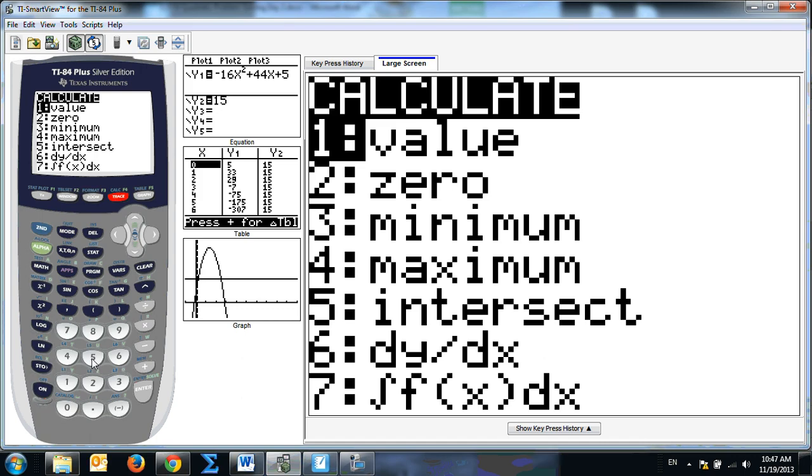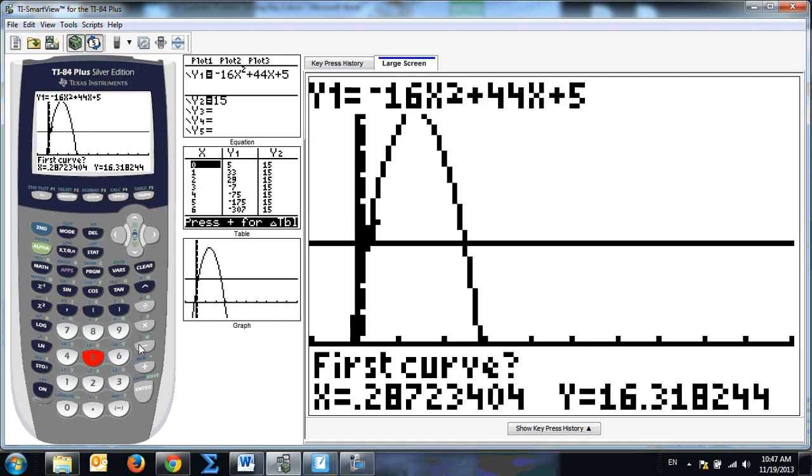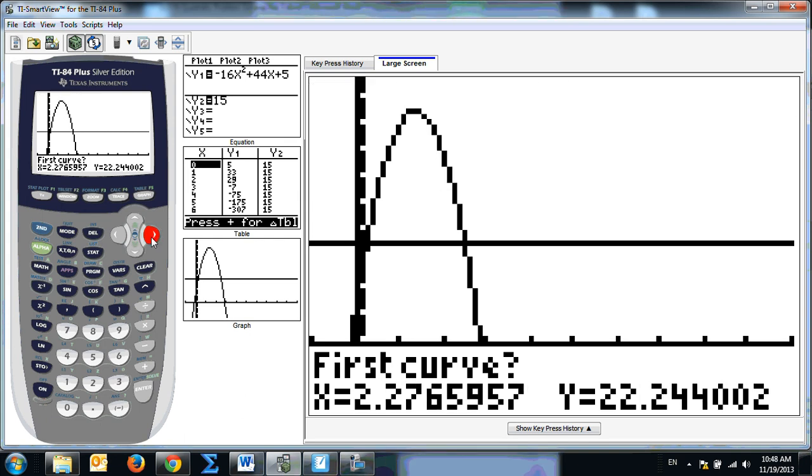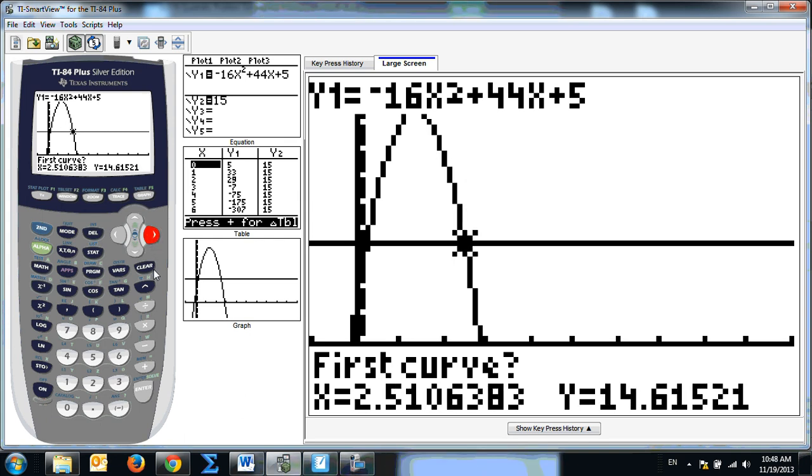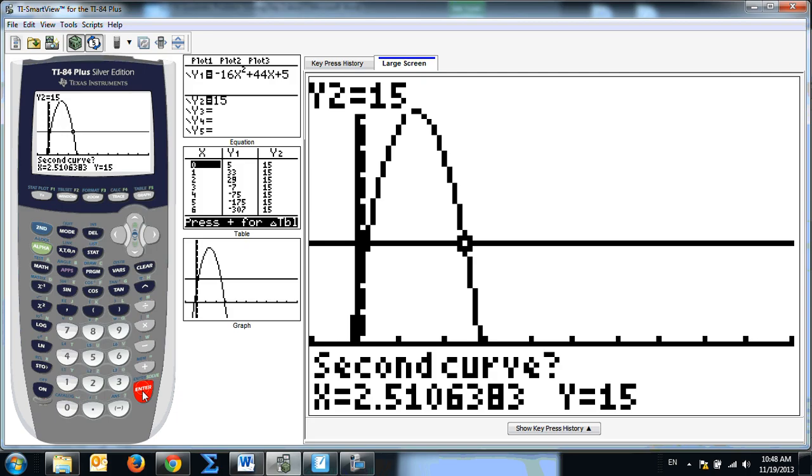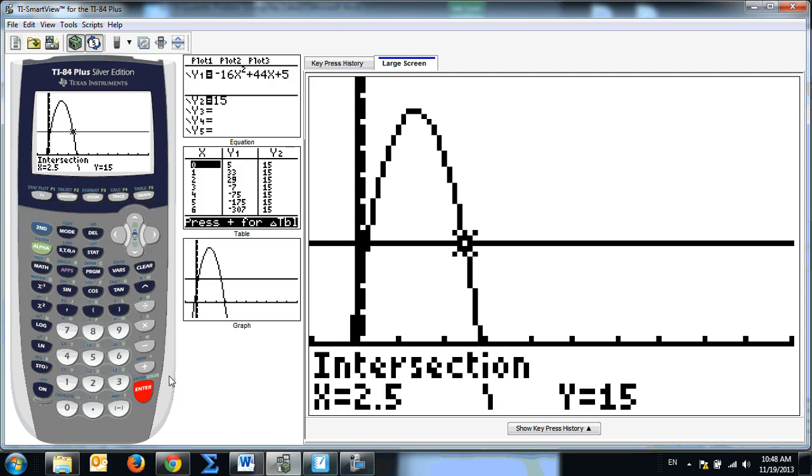I choose 5 for intersect. I move using my right and left. I move my cursor to the intersection point I'm interested in now. Be sure you move your cursor, otherwise it'll just give you the same values you got before. Once I'm close, I press enter, enter, enter. And that gives me my second intersection point.